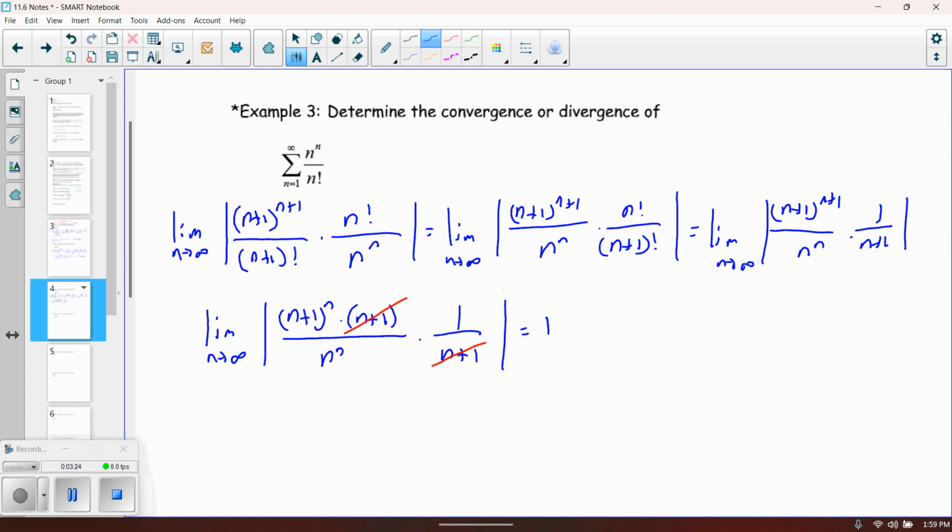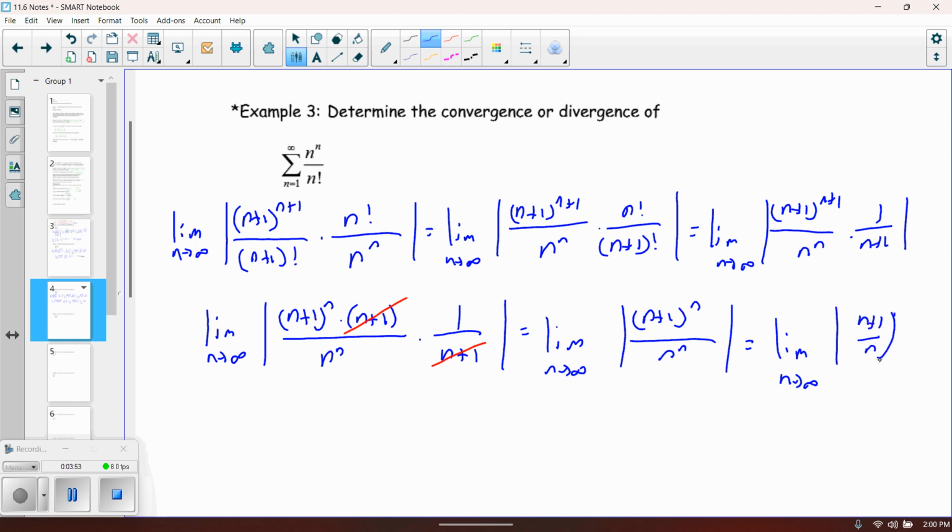Because what it leaves us with is the limit as n goes to infinity, absolute value of n plus 1 to the n over n to the n. Again, algebraic properties. I have two things which are being raised to the same exponent. So I can combine those two things and raise the whole thing to that exponent. So we'll have the limit as n goes to infinity of the absolute value of n plus 1 over n, all raised to the n power.